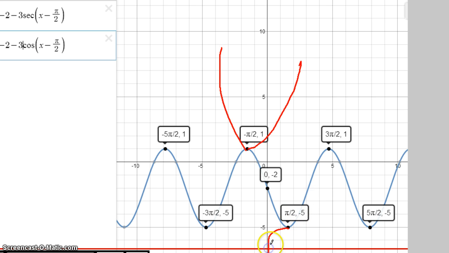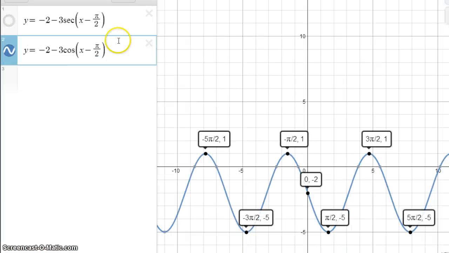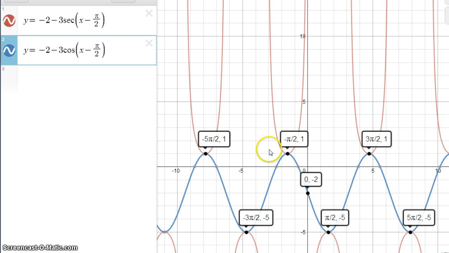Well, it's not going to be that wide. On the half period, if the period is 2 pi, then pi over 2, sorry, I'm messing this up. Let me see what this actually looks like. Okay, yeah, that's perfect. So we have one here.